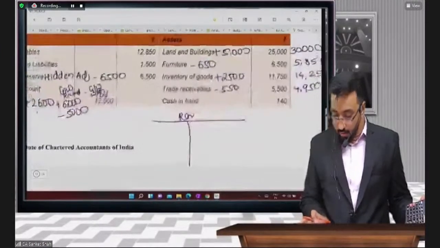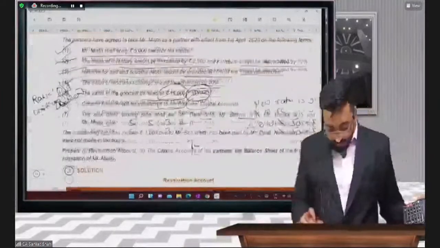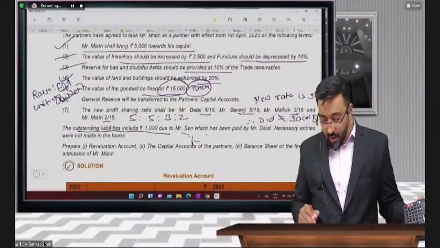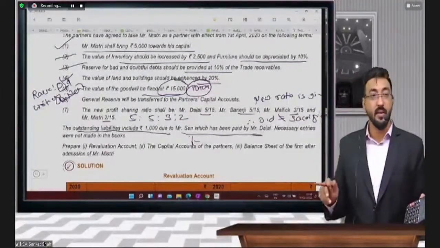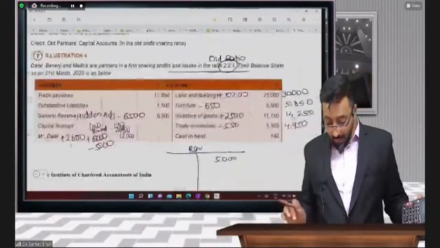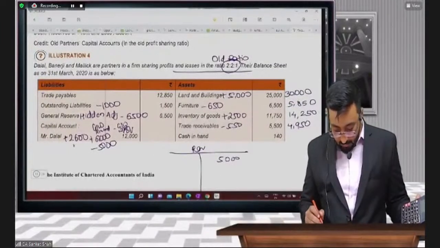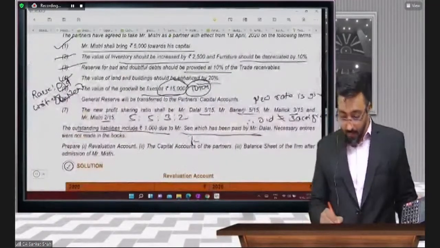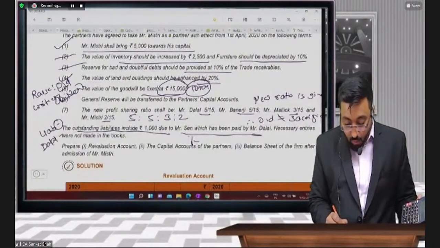Revaluation account. And one more adjustment is there. The outstanding liability includes 1,000 due to Mr. Sen paid by Dalal. So Dalal paid it, so liability is reduced by 1,000 and Dalal's capital is increased by 1,000, because now we have to pay Dalal.